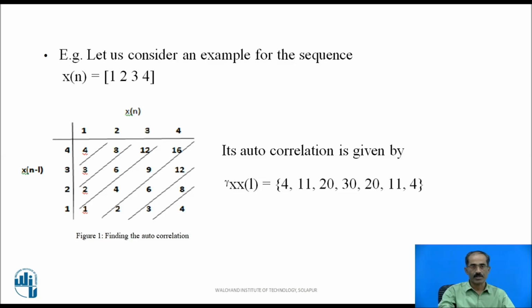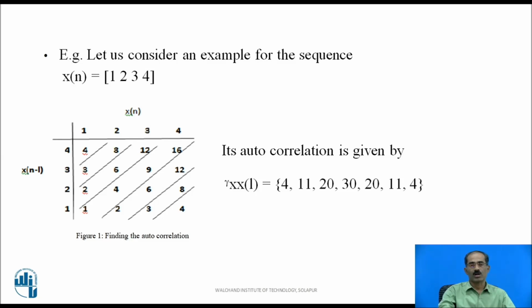Similarly, first element in the column will be multiplied with the second element in the row, and 4 into 2 is 8. Similarly, with the third element in the row, 4 into 3 is 12. Similarly, 4 into 4 will be 16.